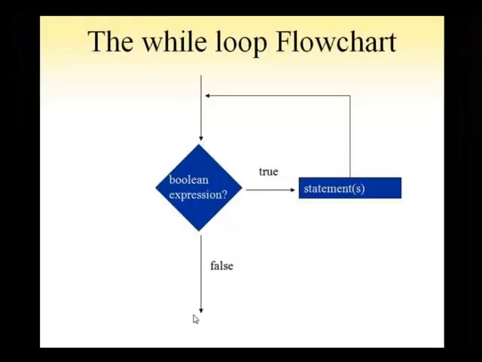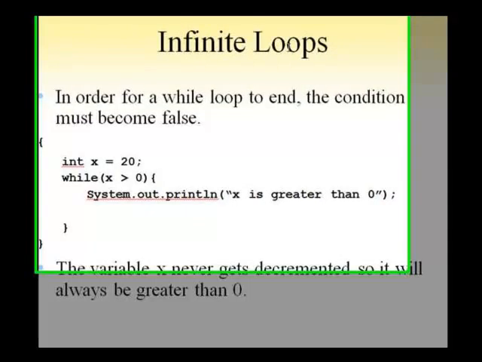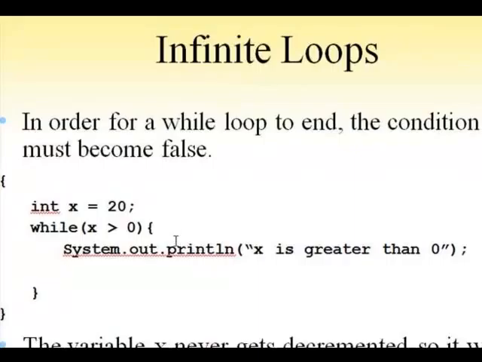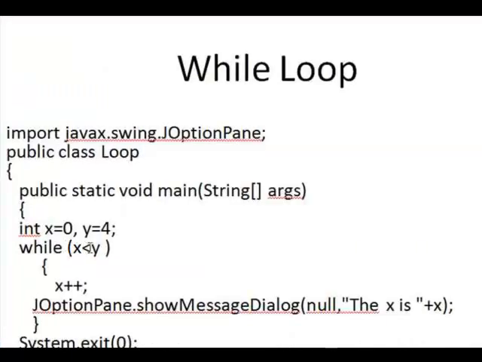The next one is the infinite loop. This is a scenario where you get into the loop and the loop never terminates. We call that an infinite loop. Let's look at the example. Let's imagine that I do not increment the x here and execute this statement.